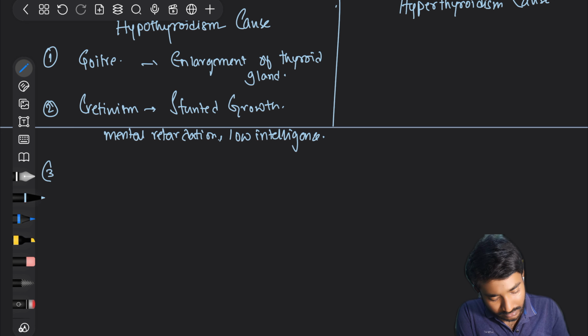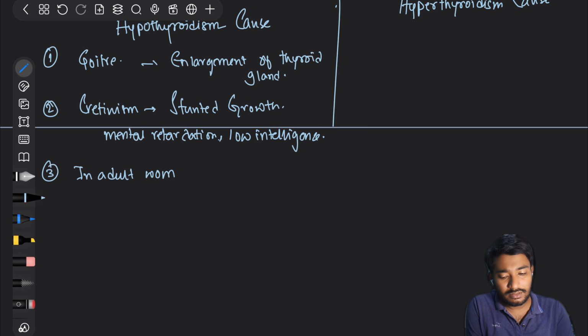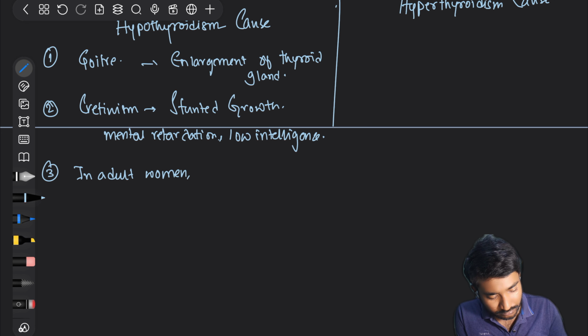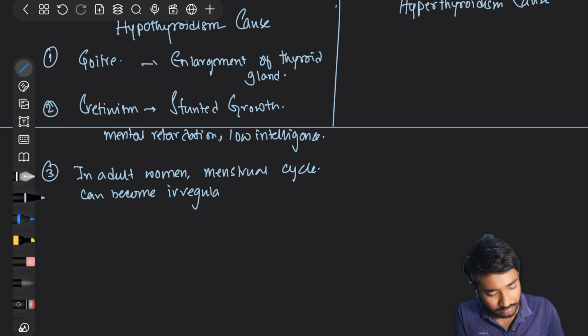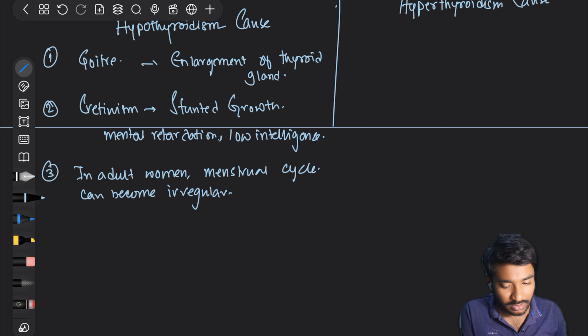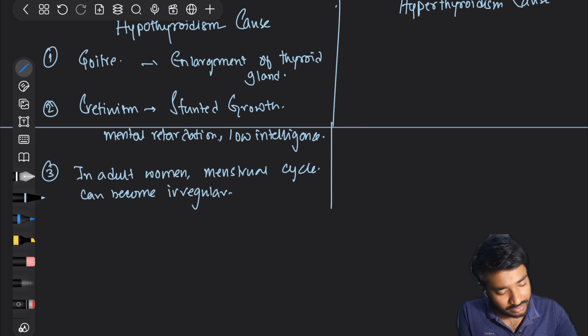Now the third one: in adult women, the menstrual cycle can become irregular due to hypothyroidism.